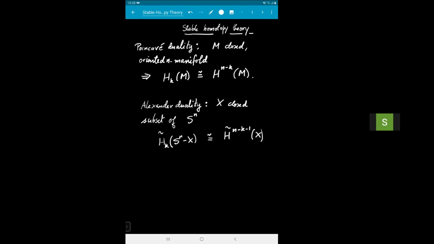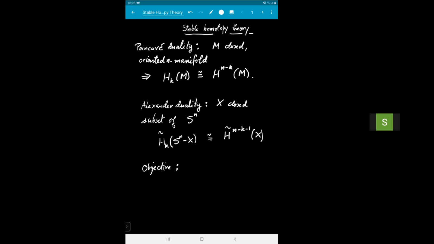The objective of my lectures is to view these theorems as theorems in stable homotopy theory.